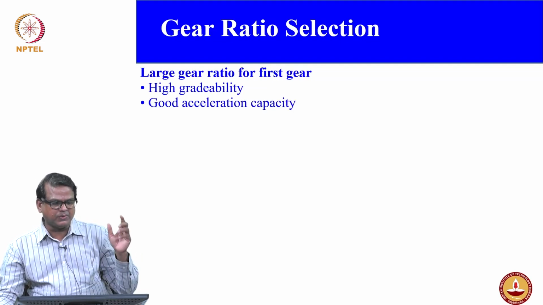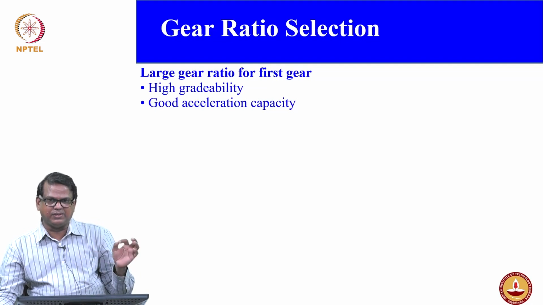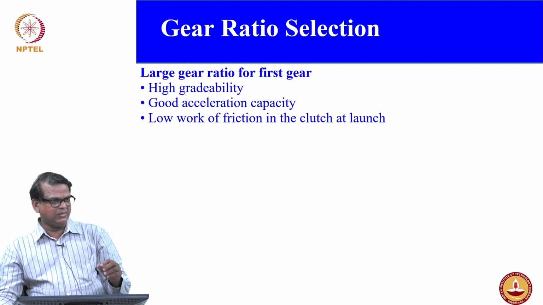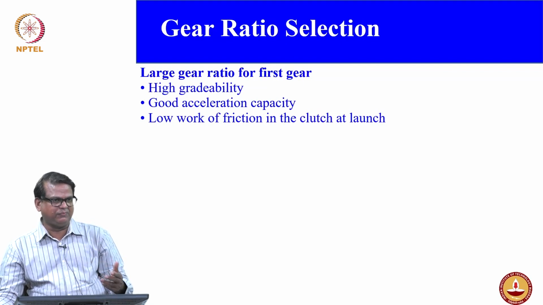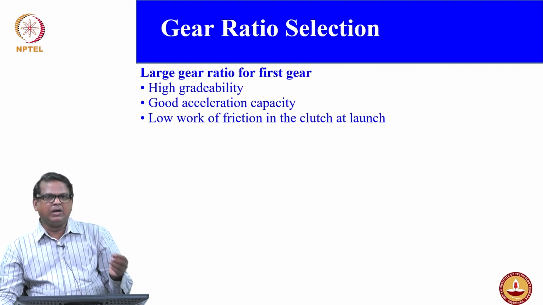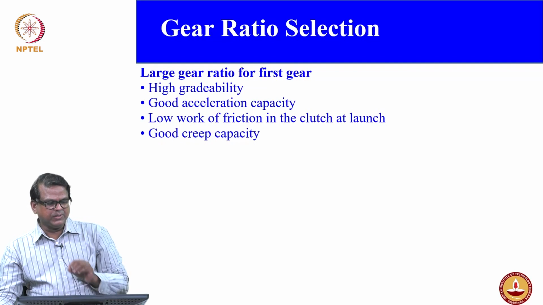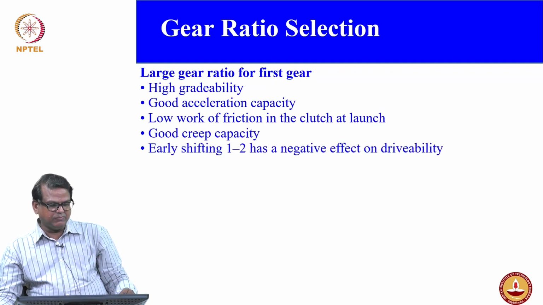The second aspect is that it should give you good acceleration capacity and low work friction in the clutch during the launch. Obviously, if the friction is higher, starting will be difficult. So you have to have low work friction at the beginning of first gear, and good creep capacity. Early shifting from 1 to 2 has a negative effect on drivability.